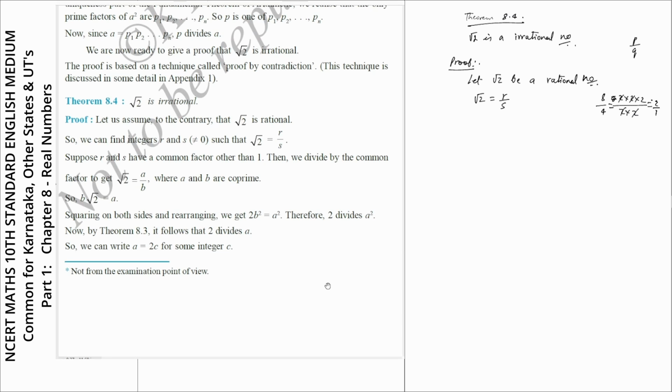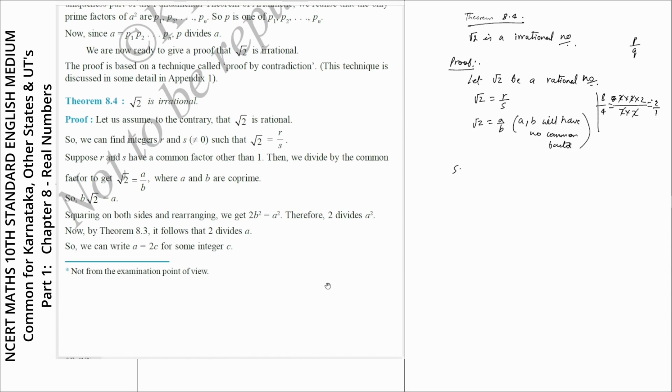If I cancel all those common factors, I will be left with a and b, where a and b will have no common factor, because I have cancelled. Just as in this case, after cancelling, r by s becomes a by b.